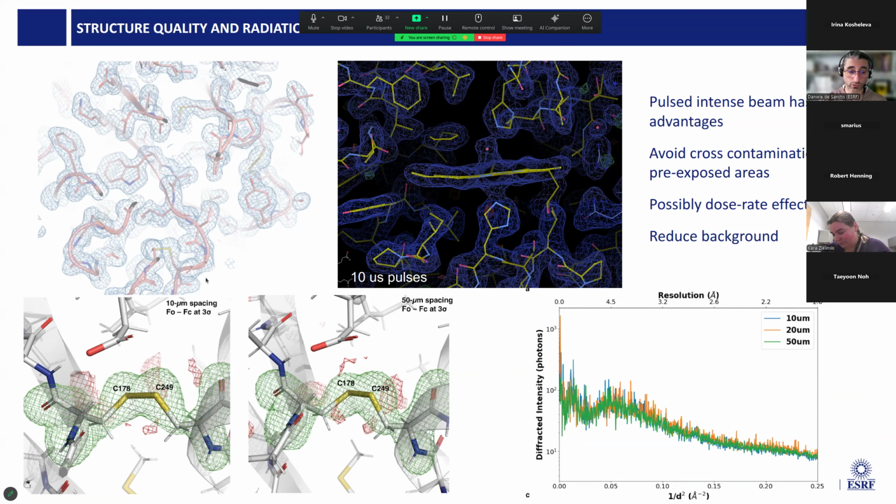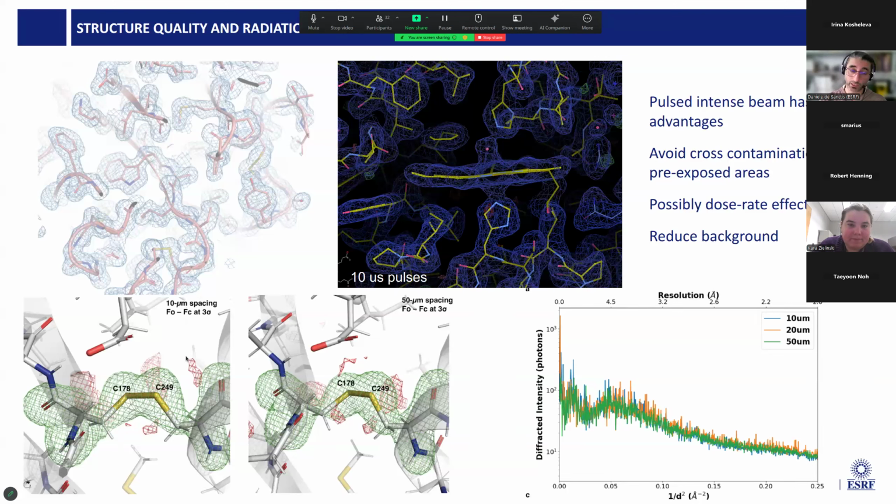We monitored disulfide bonds, and this is an OMIT map. By reducing the spacing between the shots when collecting on foils, we see that the disulfide bonds are preserved even when going down to 10 micron spacing.